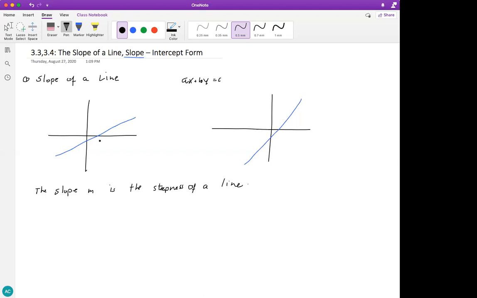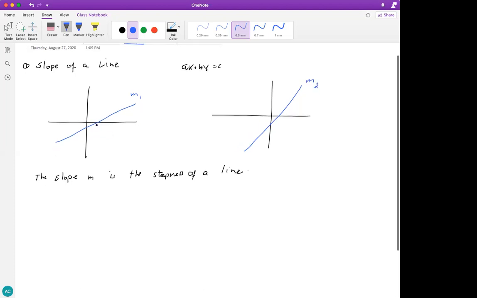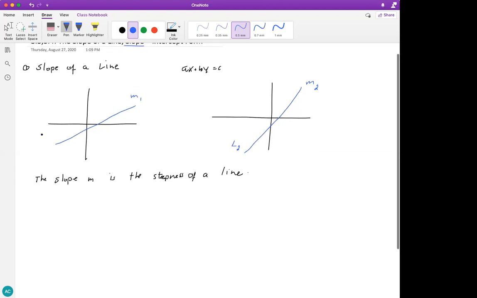If this was, for example, let's call this slope 1, or m1, for this line. Let's call this slope 2. So from here, we can say this is line 2 and this is line 1. Just from the graph, you can tell that this one is steeper, therefore it has a higher slope than this one.